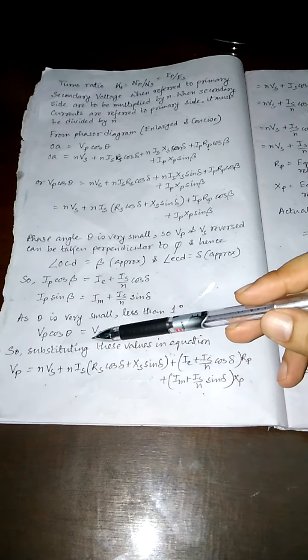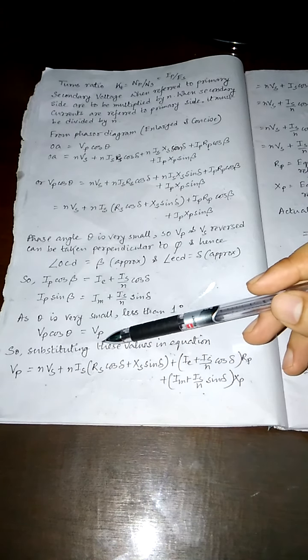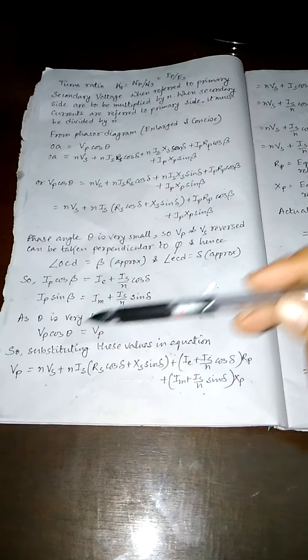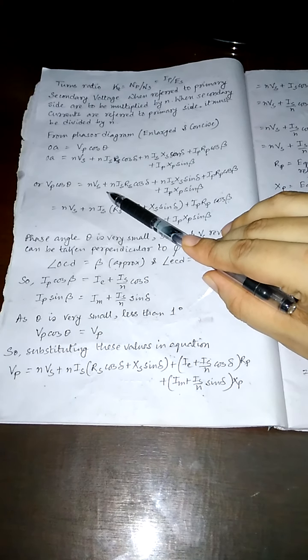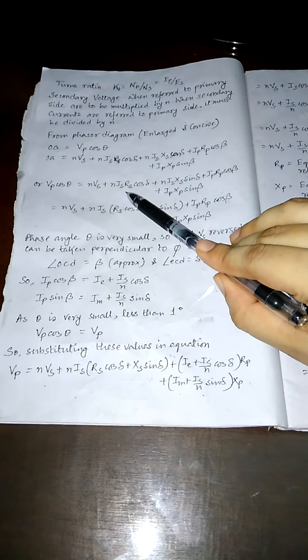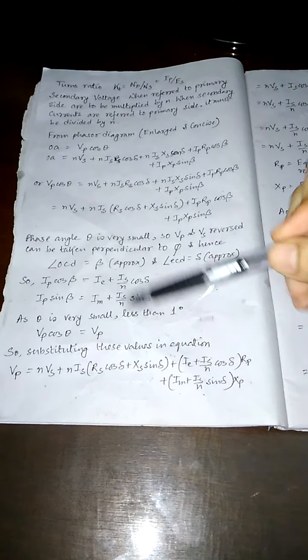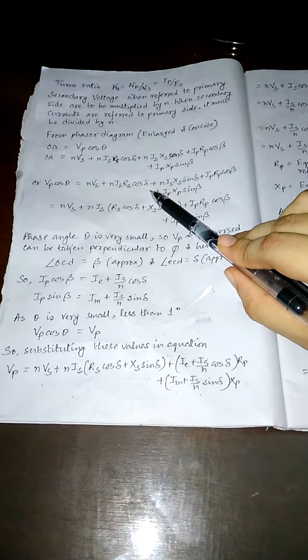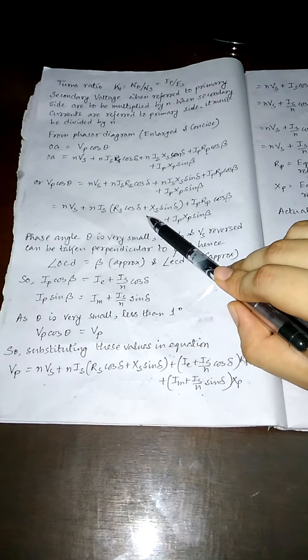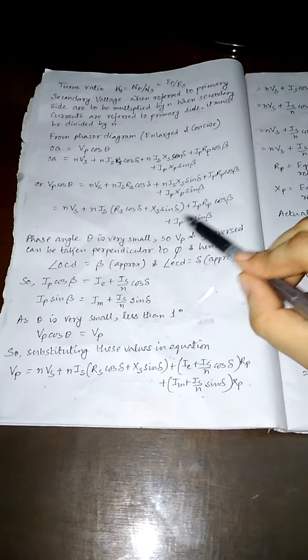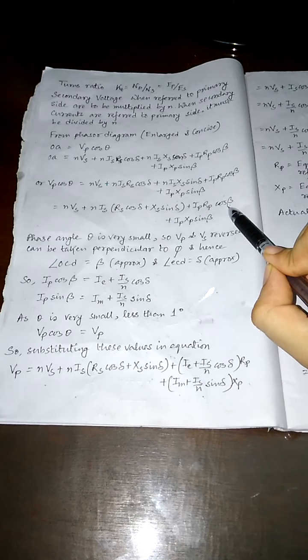so we know that VP cos theta we can consider as VP. So substituting these values in the equations, what happens? VP equal to NVS plus NIS. We are considering NIS as common, so NIS into RS cos sigma plus XS sin sigma plus IPRP cos beta.